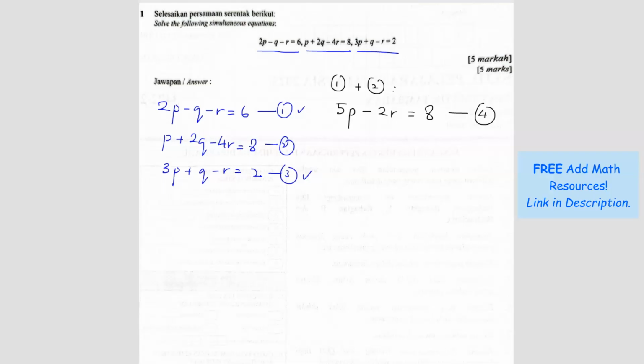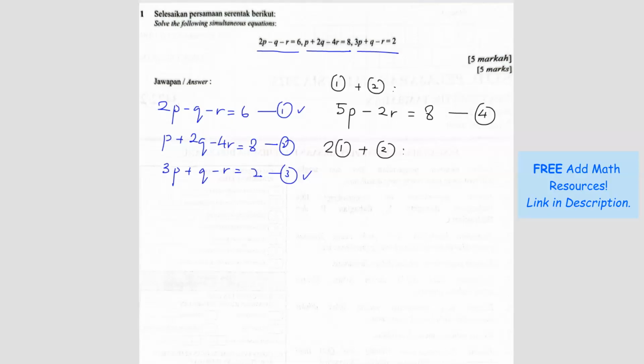Now the next one, I'm going to pair between the first and second. Since this is 2Q, I have to times 2. So I'm going to take the first equation here, times 2, so that I can make it become 2Q. So let me write down here, equation 1 times 2, and then I'm going to plus equation 2.